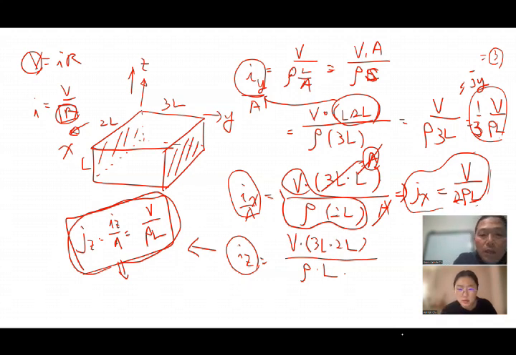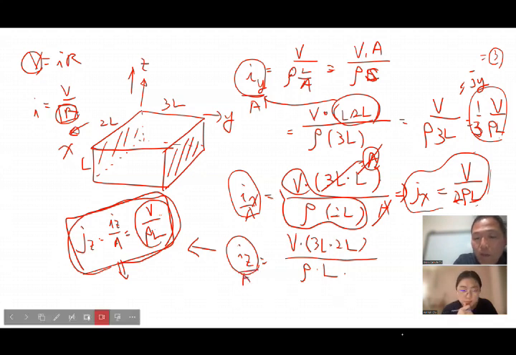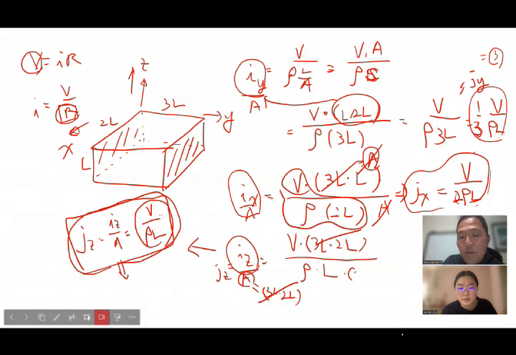Yeah, that's what I'm saying. This one, Jz, we've got to divide by A, right? A is 3L times 2L. So that cancels, leaving the L in the denominator multiplied by the resistivity. Why is that just regular L?